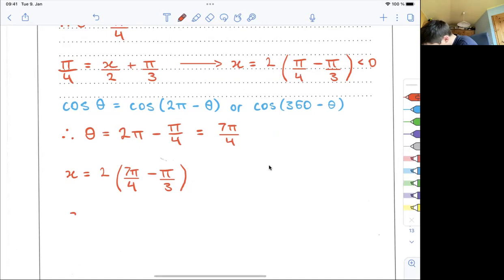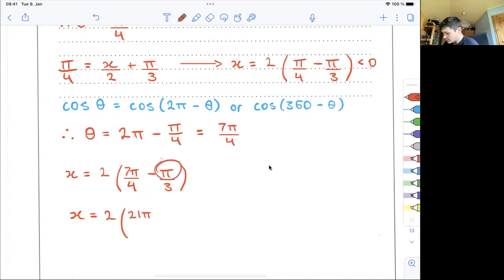So this is going to equal 2 lots of. Now to get a common denominator here, we can go with 12. So we're going to go with 21 pi, because to get the denominator 4 to become 12, we have to times it by 3. That means we have to times its numerator by 3 as well, so we get 21 pi.